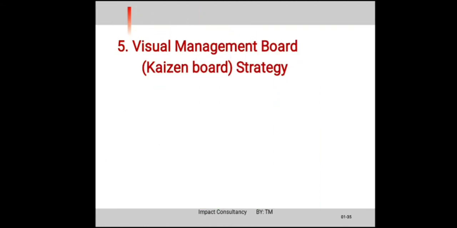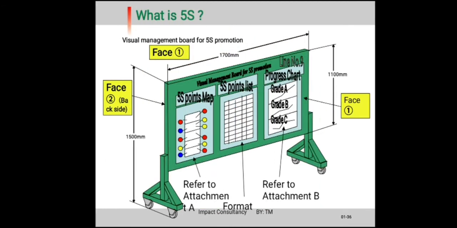Visual management board, Kaizen board, is here. As you are seeing here, it has front and back sides. It has many important parts. The front page will contain, refer to attachment B. So phase 1 and phase 2 will have 5S point map and 5S points list and progress chart, and also some photos to show achievement on Kaizen.